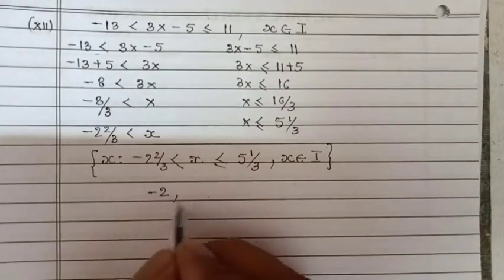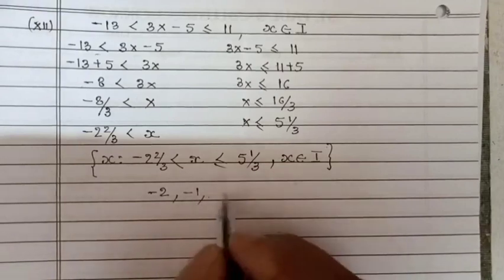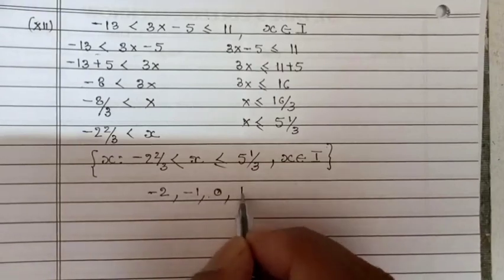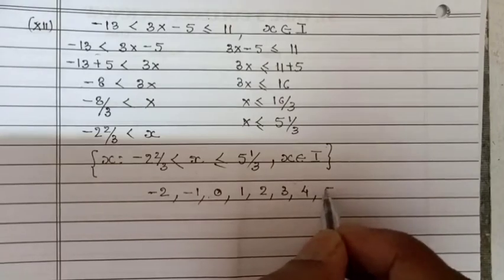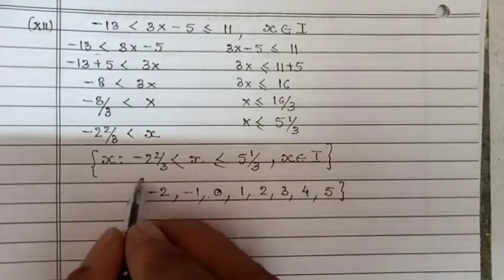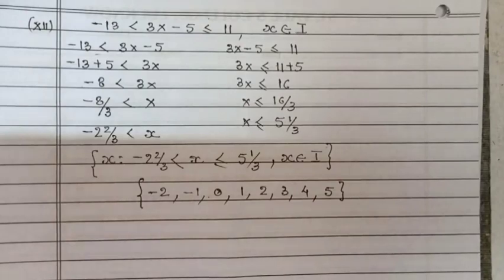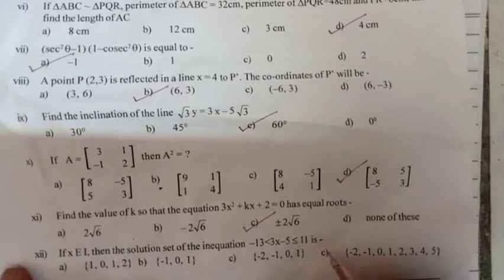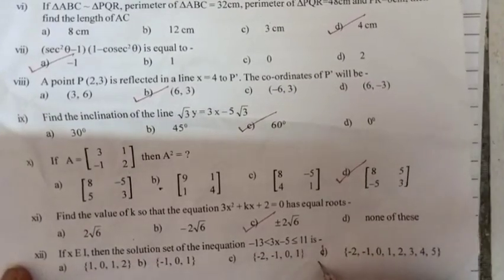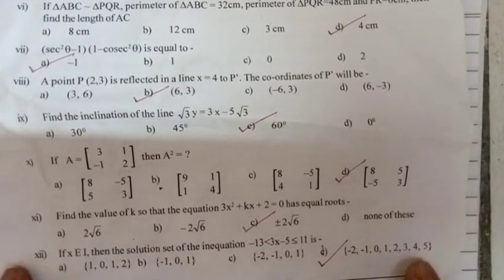So from minus 2 you will go up to 5. This will be your answer. So here the correct option will be this. This is D part. So the correct option will be the D part, this one.